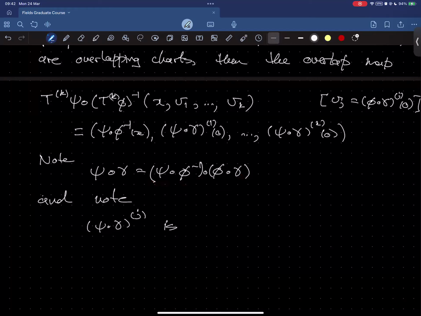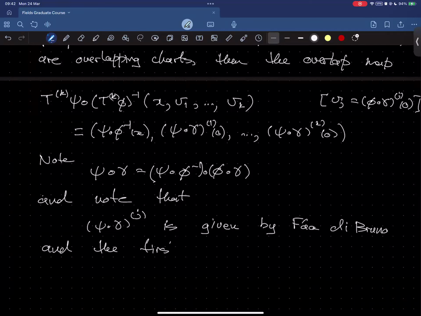I'm only going to give you the first couple of terms, just the first few terms, to give you the main idea about what this overlap map looks like, given by Faà di Bruno.